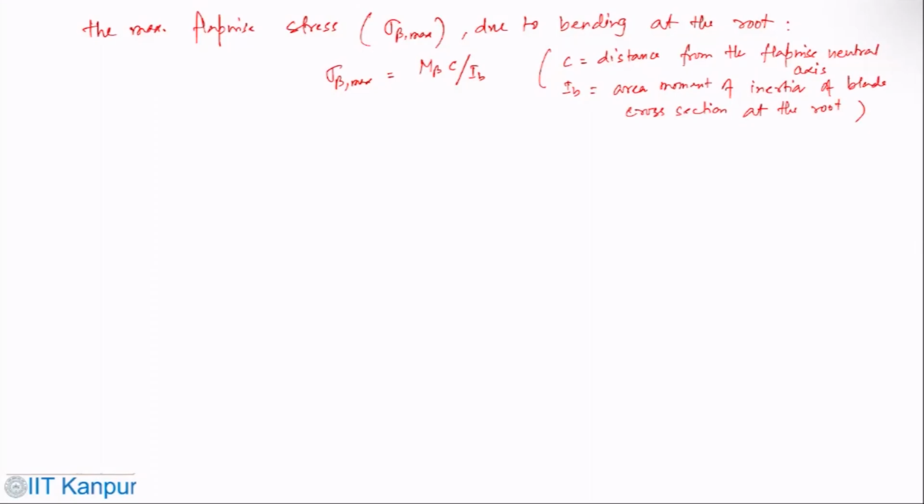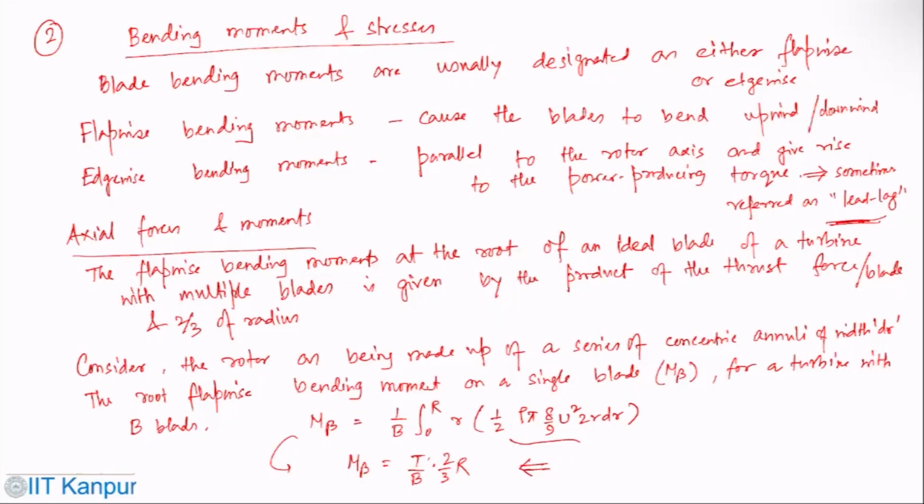You can see this term here is the same as the incremental normal force, and here the subscript beta denotes the blade deflection angle, the blade deflection in the flap direction. Okay.